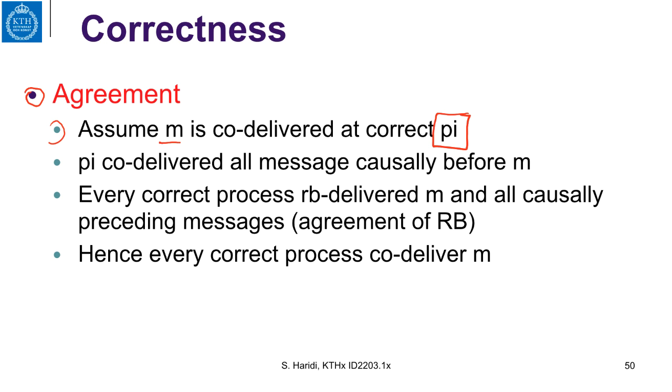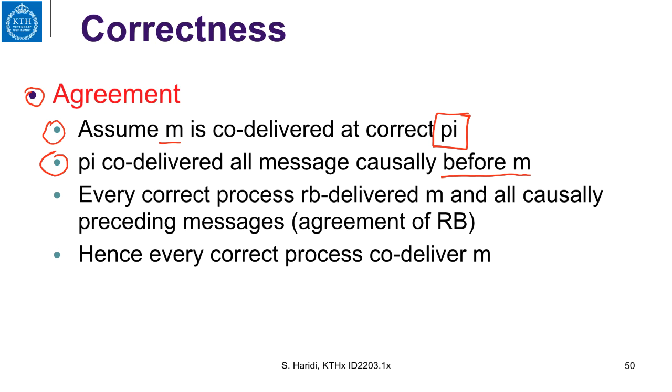That is the first assumption, which means that Pi causally delivered all messages causally before M. And these messages must have arrived there by a reliable broadcast delivery.